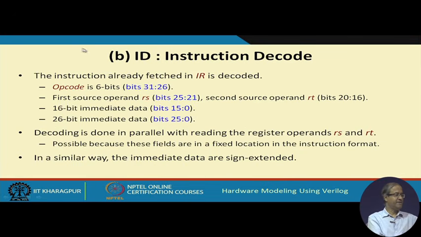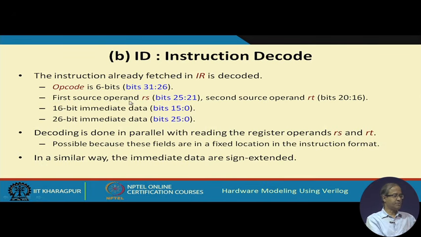Fine. Next, let us come to instruction decode. Now, we have seen that the instruction format is very regular. The opcode is always in the first 6 bits, bit number 26 to 31.